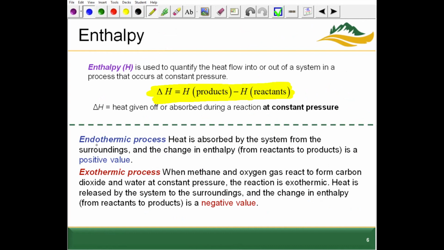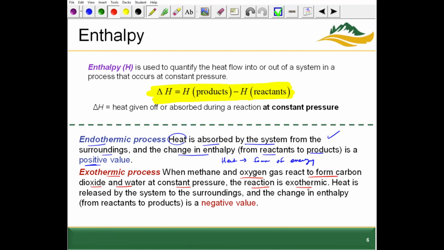Okay, so for an endothermic process, heat is absorbed by the system from the surroundings, so the change in enthalpy from reactants to products is a positive value. And I'm sort of using enthalpy, heat, and energy all interchangeably here. We remember that heat is a form of energy. For an exothermic process, the two reactants form two products at constant pressure.